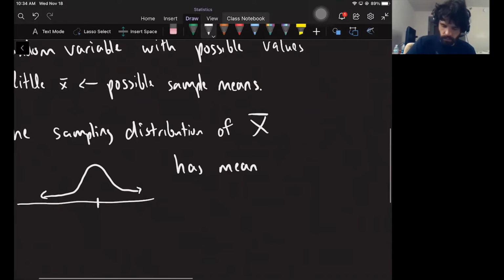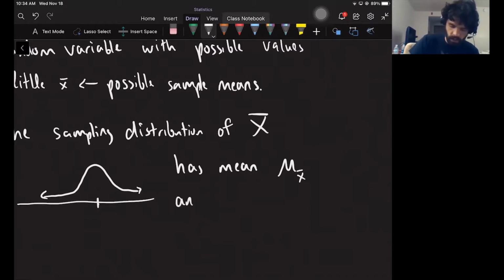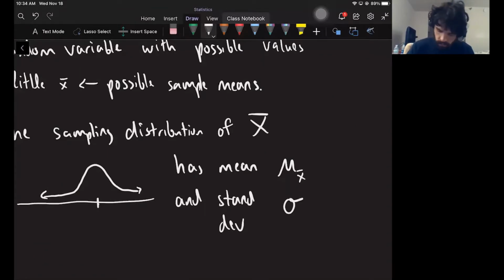So it's called mu with a capital X bar as a subscript. And it has a standard deviation because it's a normal distribution, sigma with a big X bar as a subscript.